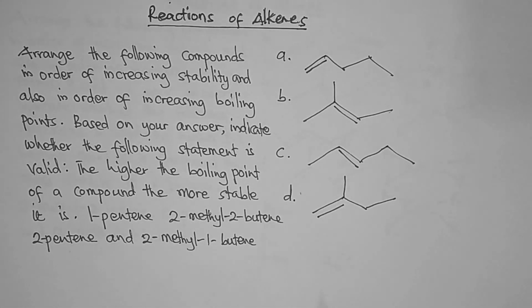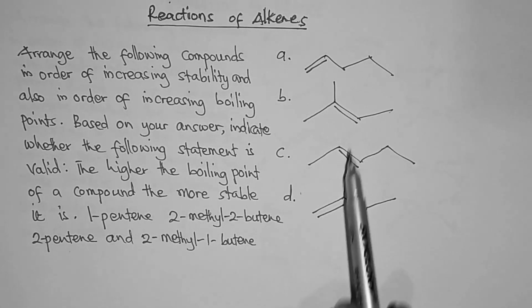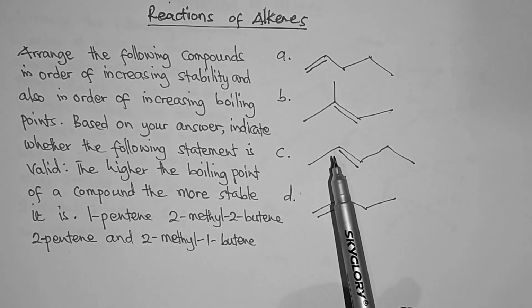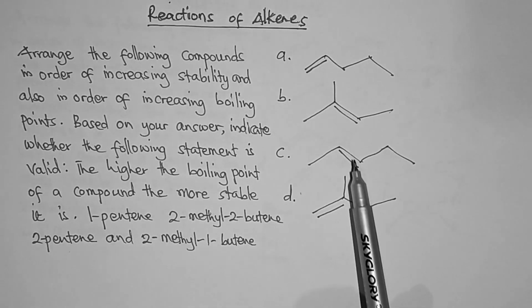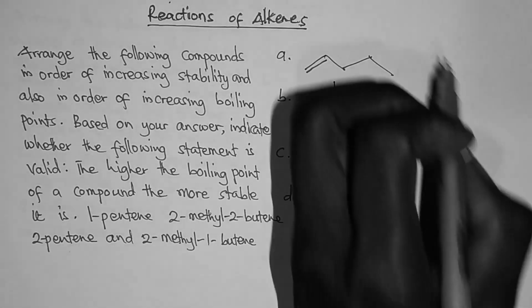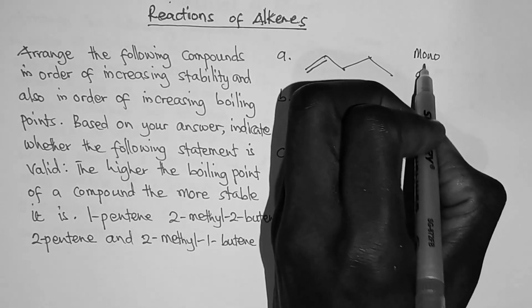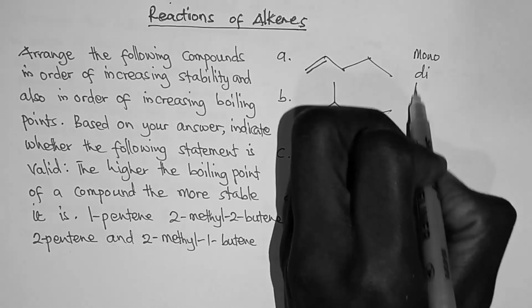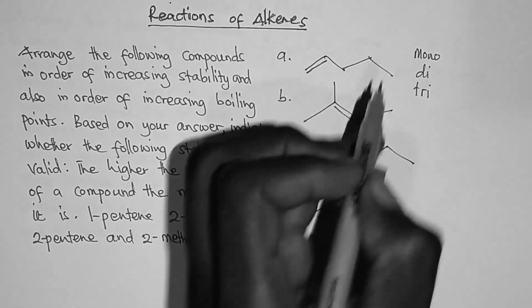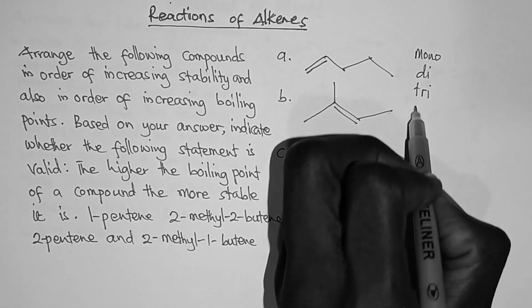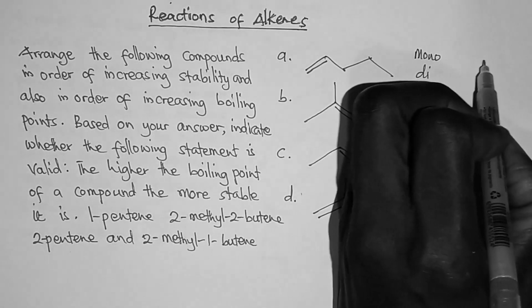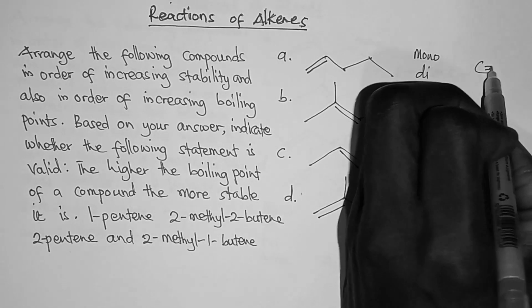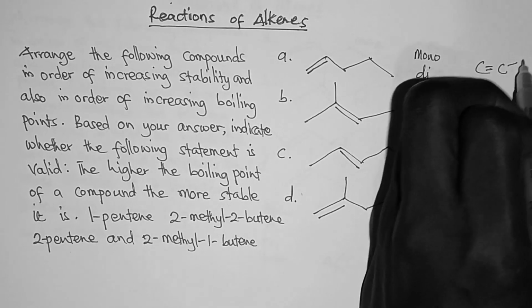Alkyl substituents around carbon-carbon double bonds tend to stabilize those double bonds by donating electrons into the carbon-carbon double bond through inductive effect. And therefore, let's talk about the mono-substituted, di-substituted, tri-substituted, and then the tetra-substituted alkenes. An example of a mono-substituted alkene is this alkene over here.